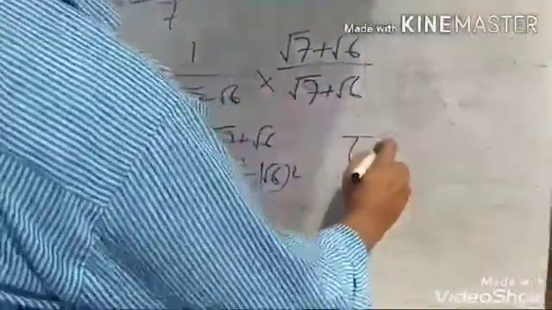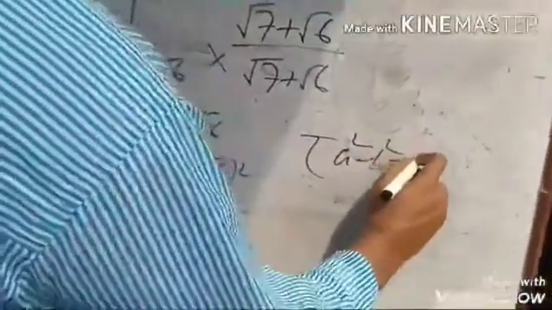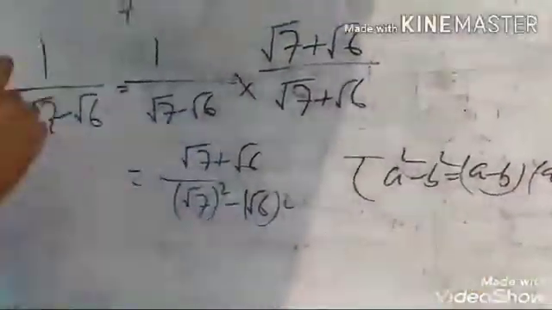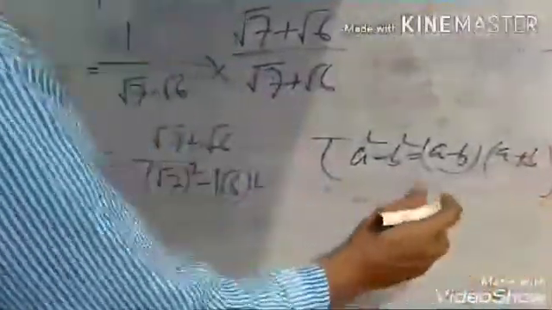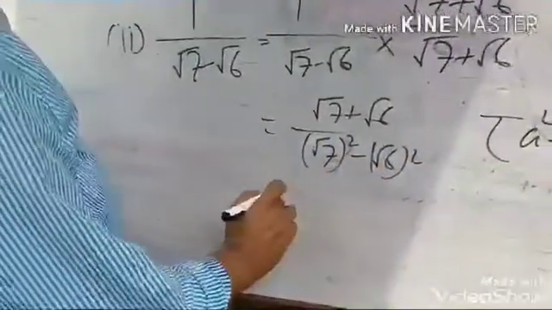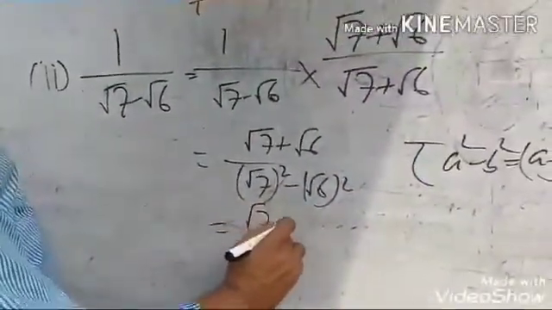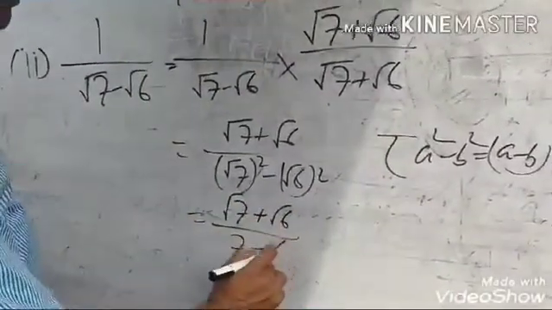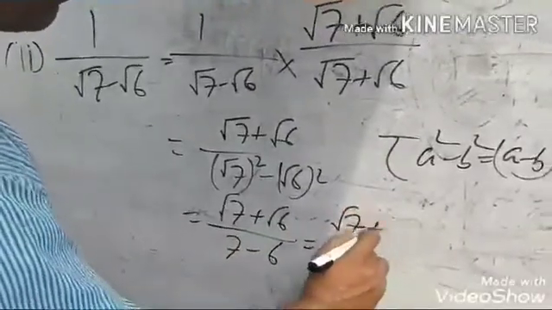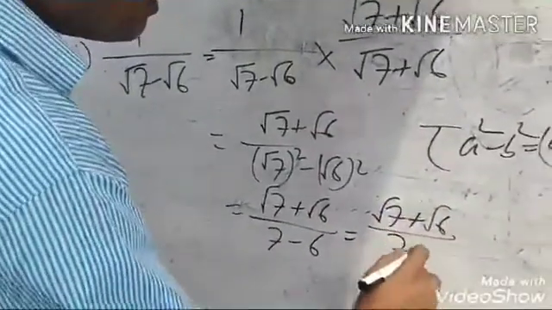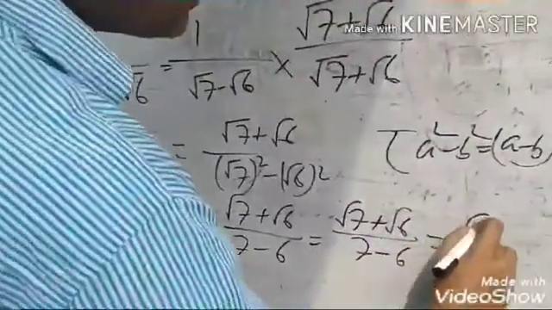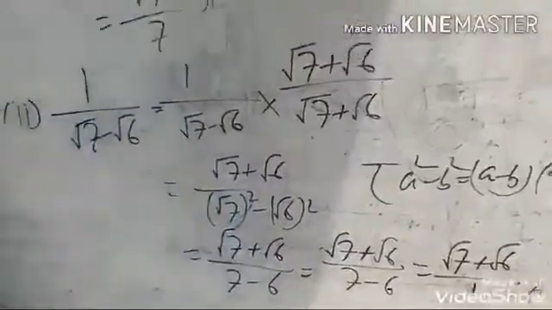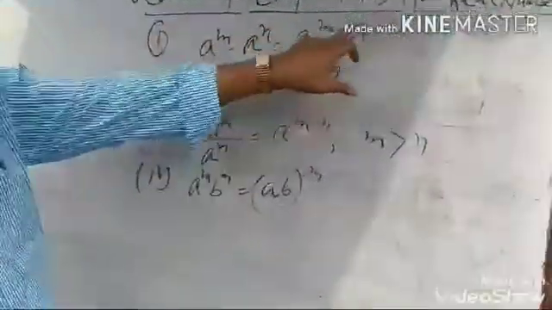We know that a square minus b square equals a minus b into a plus b. So we have applied this formula. Root 7 whole square means 7, root 6 whole square means 6. That means under root of 7 plus under root of 6 by 7 minus 6, which equals under root of 7 plus under root of 6 by 1. This is the answer.